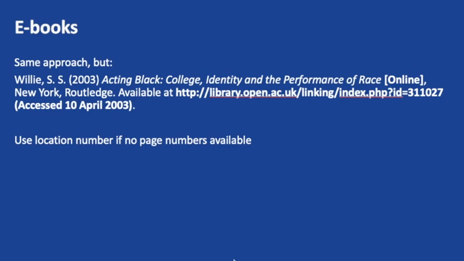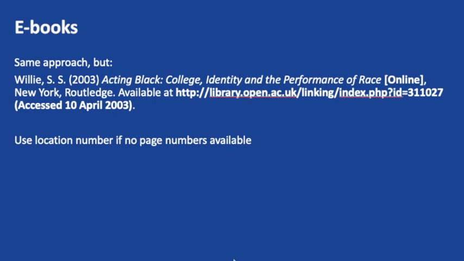And you can see on this occasion I've got the link to the Open University Library, but there are times where you're picking things up from an electronic marketplace and you may not be able to do that, but you do need to identify it as an online publication.